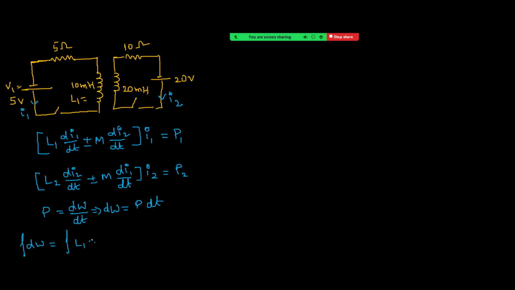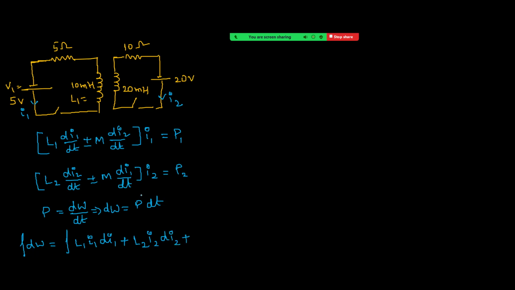L1 I1 di1, see carefully, plus, coming to here, L2 I2 di2, because it is multiplied by dt, right? L2 I2 into di2.